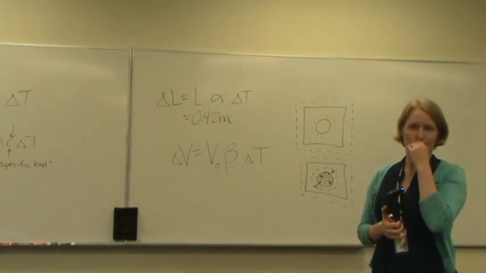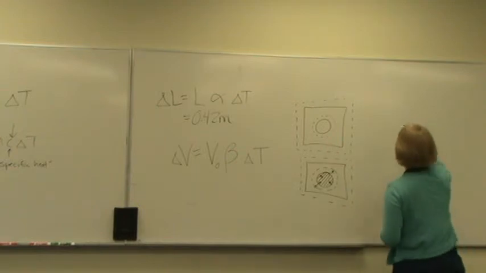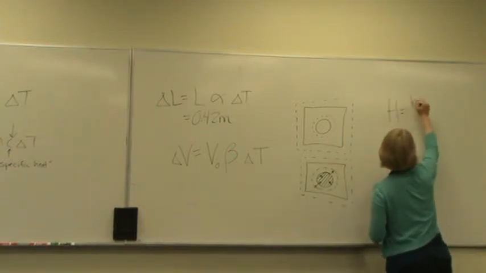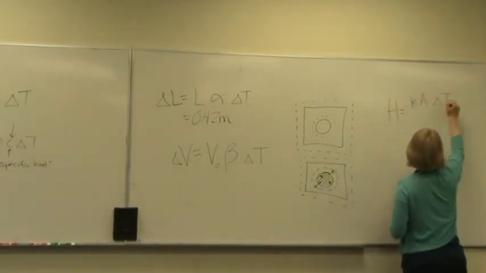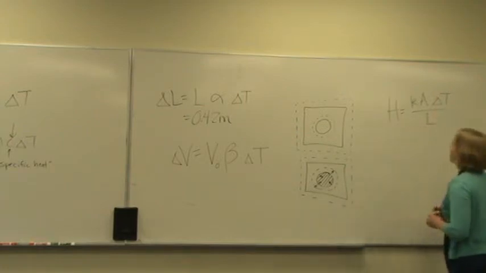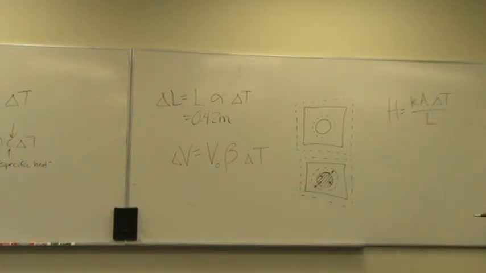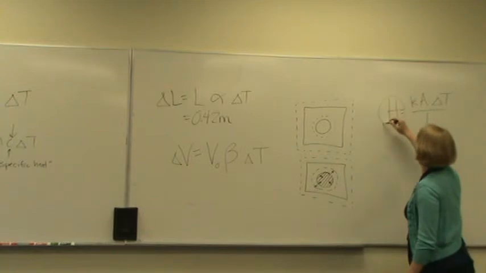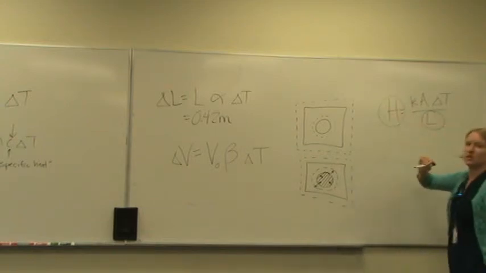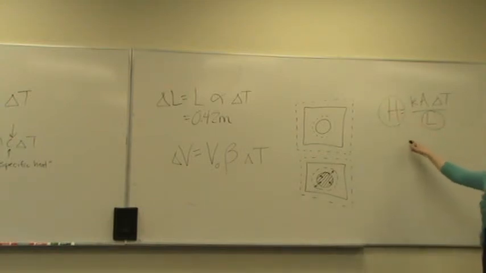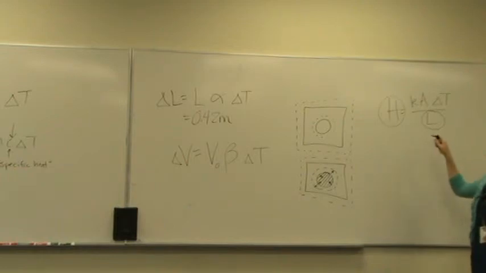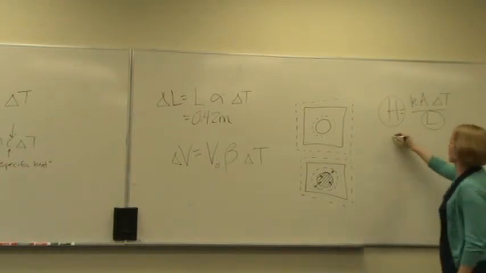So the formula is H equals k A change in T divided by L. All right, and so we're looking at the relationship between H and L. And so what is that relationship called? Because this is in the denominator. Inversely proportional.